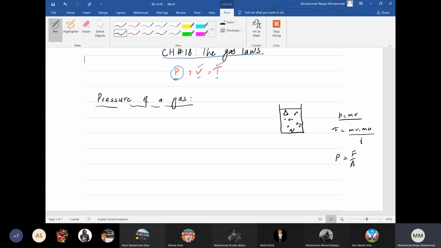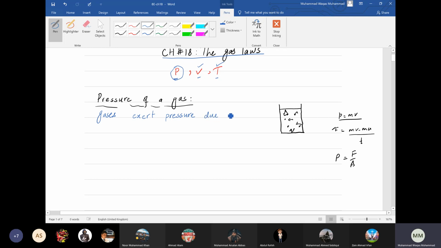Shabash beta, how do gases exert pressure? Anyone? Gases exert pressure.